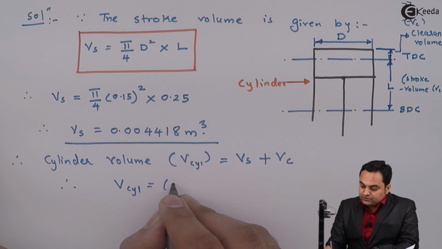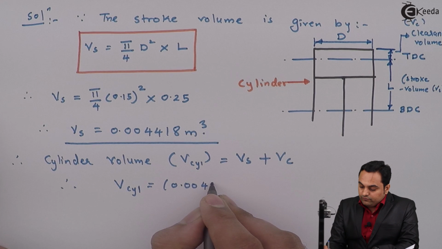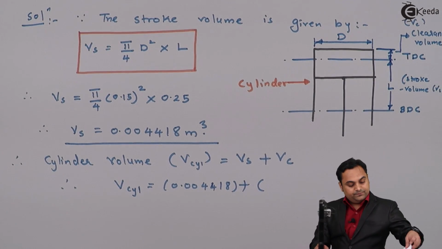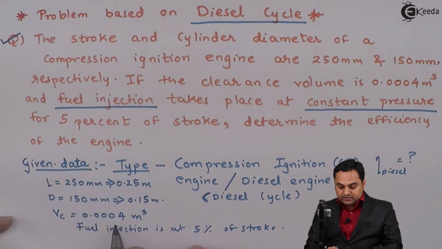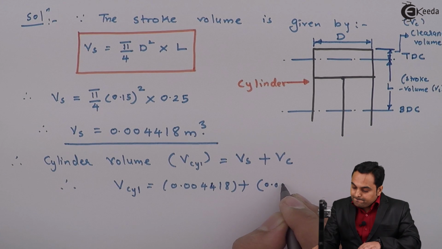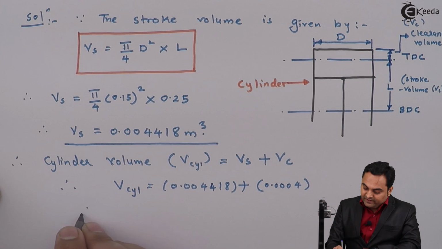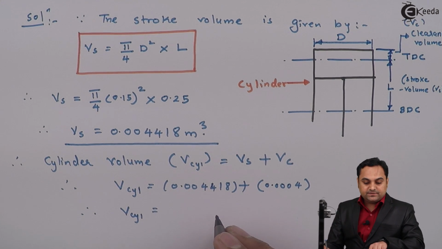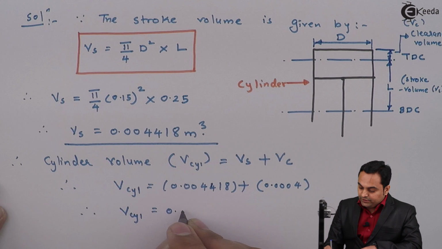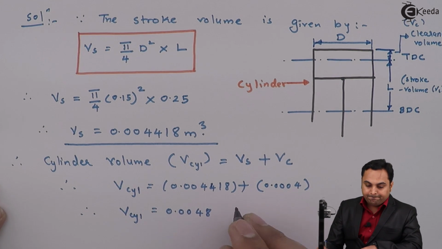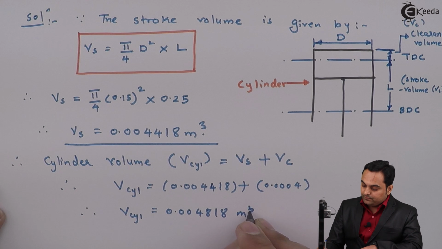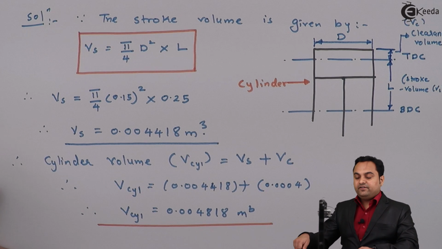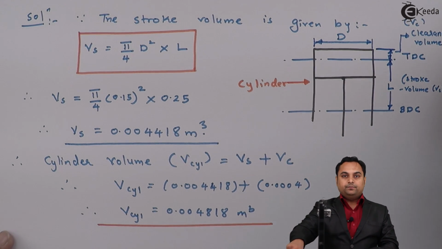Stroke volume is 0.004418 plus clearance volume given in the problem, that is 0.0004. If I add up the values, I get the cylinder volume, and my answer is 0.004818 meter cube. So here I have calculated the cylinder volume.